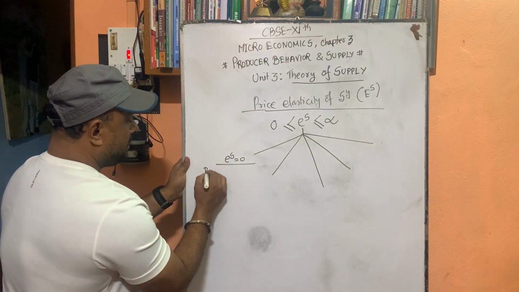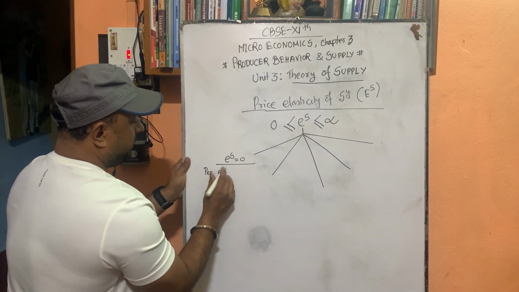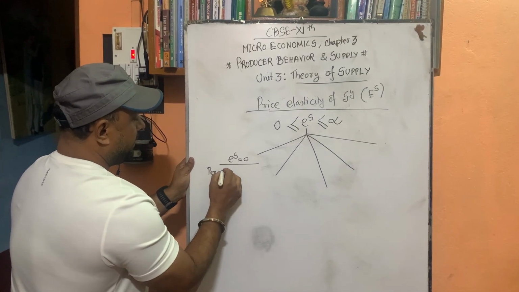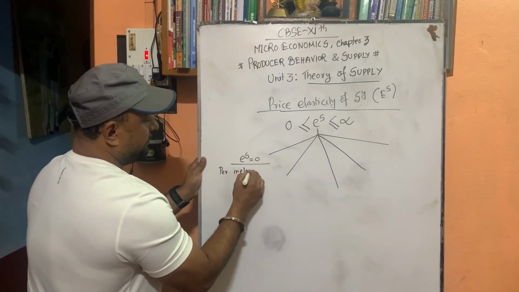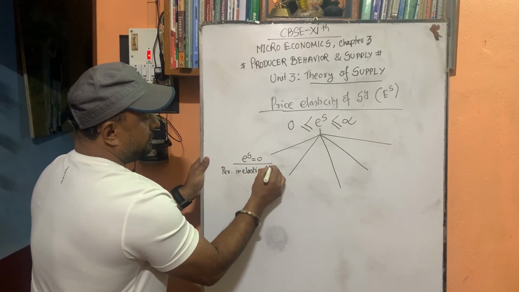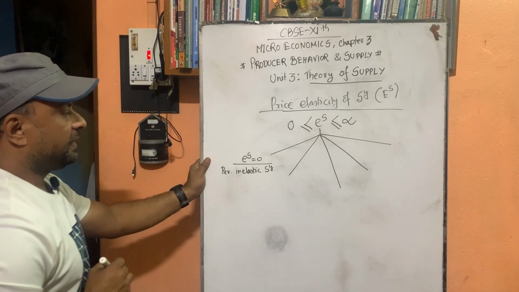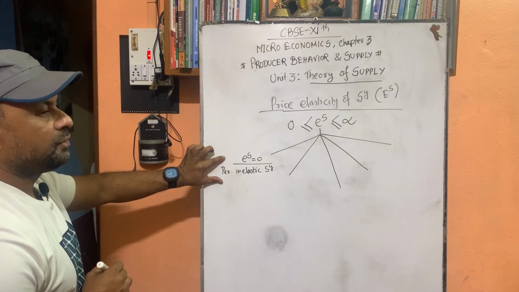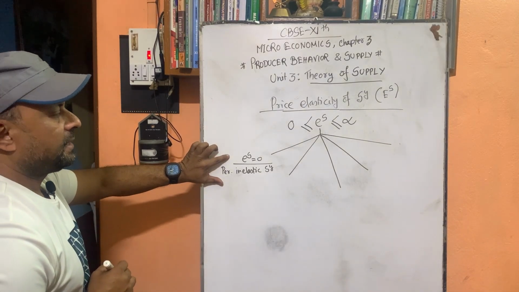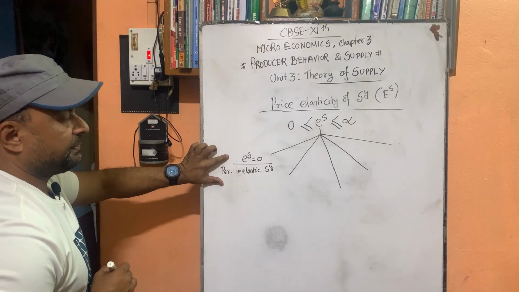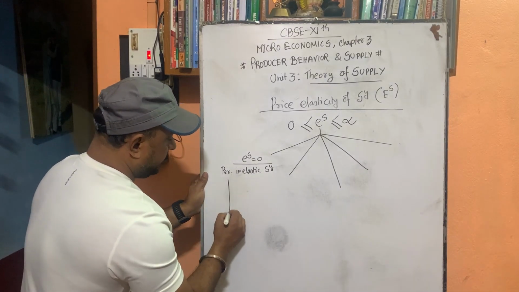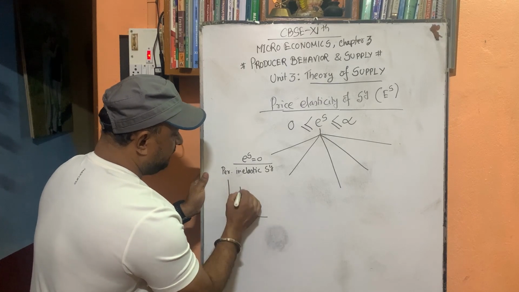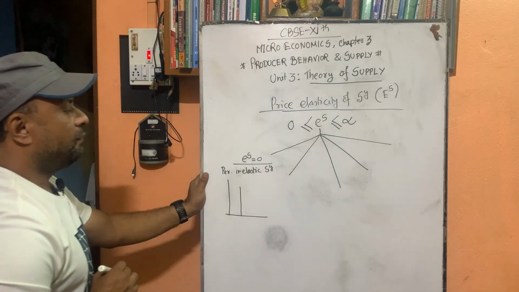This is called perfectly inelastic supply. Perfectly inelastic means there is no reaction of the producer to the change in the price. This is perfectly inelastic supply. And at that time, the supply curve becomes vertical to the x-axis.